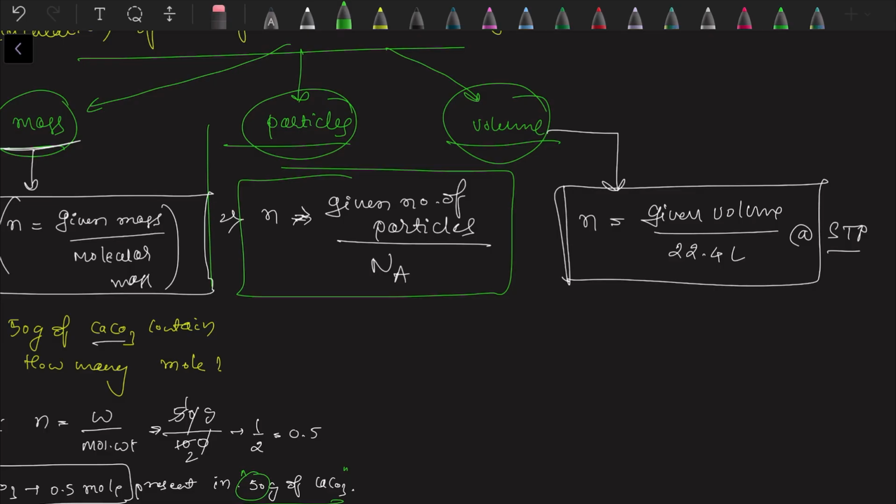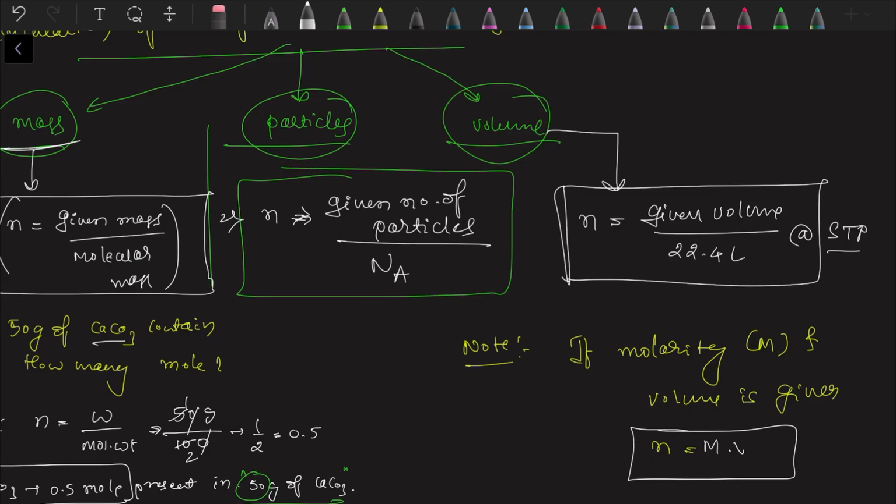Here, simply note this point I am mentioning for your understanding. If molarity, which is a concentration term we'll discuss in further classes, and volume are given, then the number of moles is going to become molarity into volume.